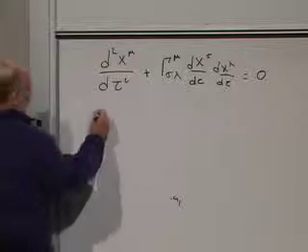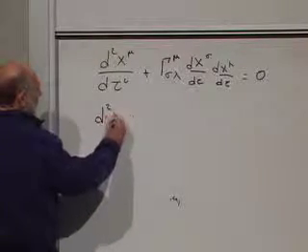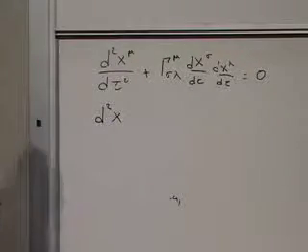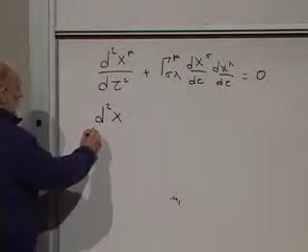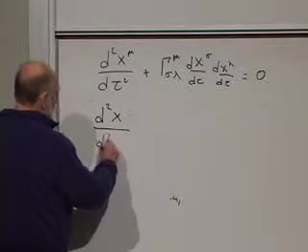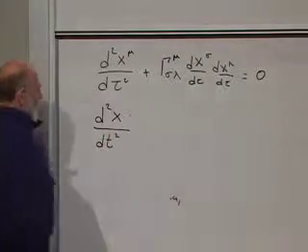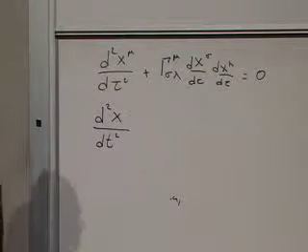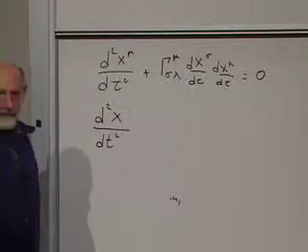Let's pick out x. d second x by d tau squared is the same as d second x by dt squared, also known as the x component of acceleration.